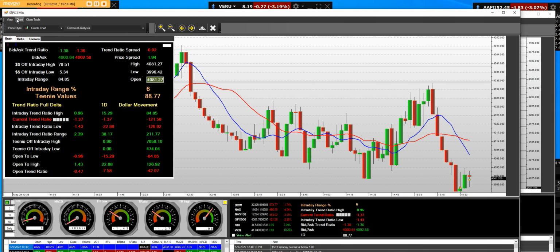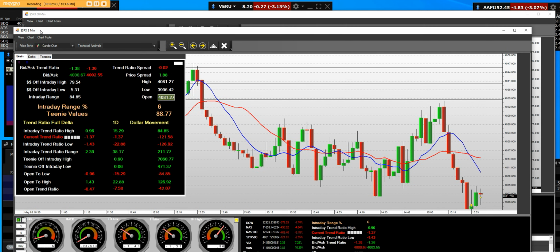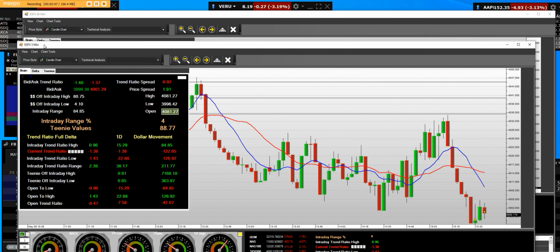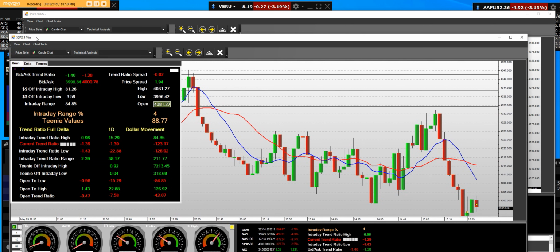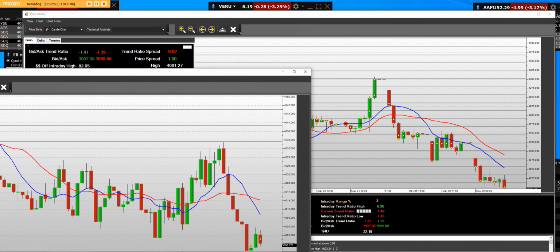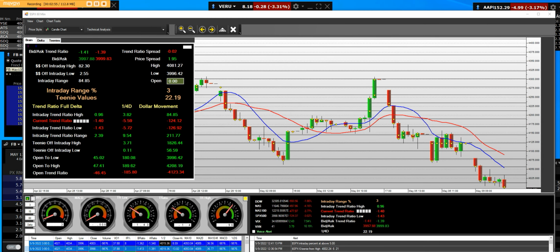So on the 60-minute and 3-minute charts, 5-minute movements, that's just how they operate. So the 60 is going to stay right there, that's going to be the primary one that we're going to focus on.